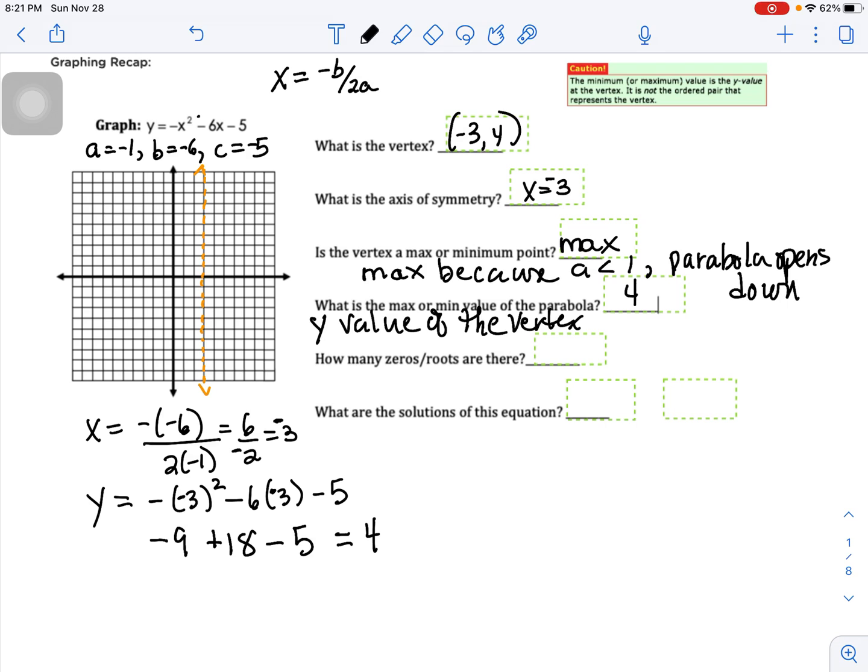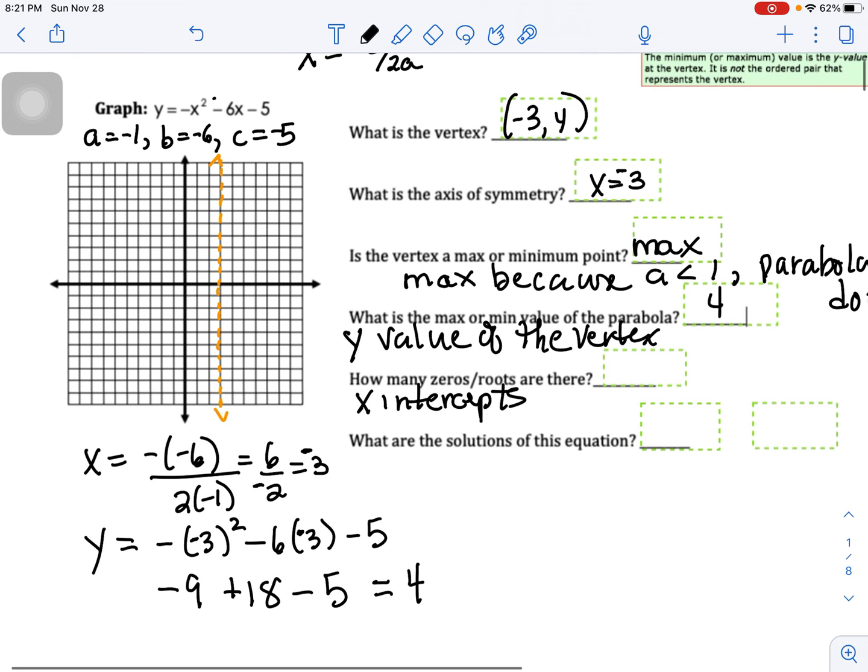How many roots or zeros are there? Well, that is another name for the x-intercepts. So let's graph it so we can see how many x-intercepts there are. We know the vertex is at -3, 4, so I have to fix my axis of symmetry.